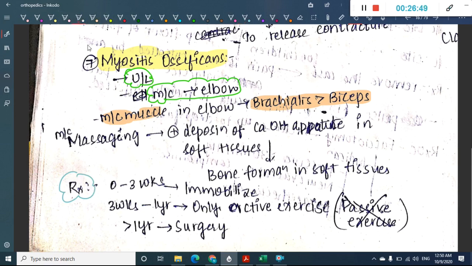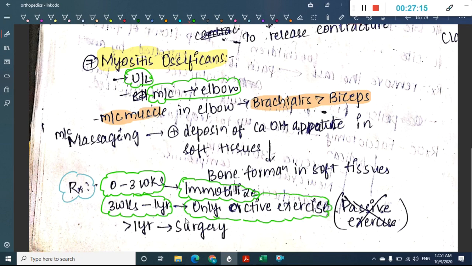The treatment of myositis ossificans depends upon the duration of myositis ossificans. If it is just 0 to 3 weeks, then you can just immobilize the limb. If it is 3 weeks to 1 year, then you will have to ask the person to do active exercises, not the passive exercises.